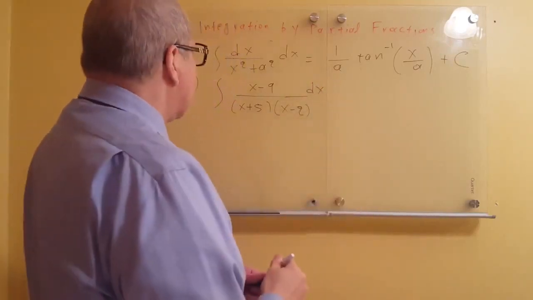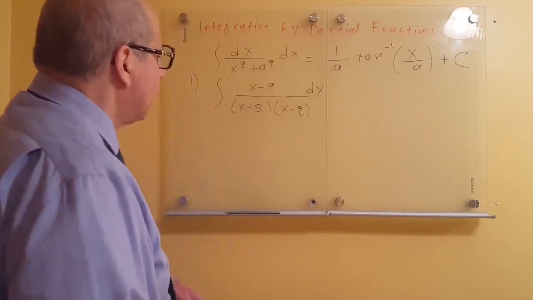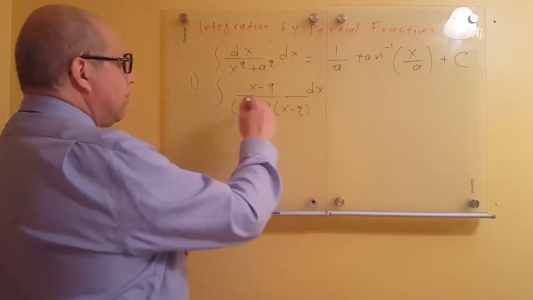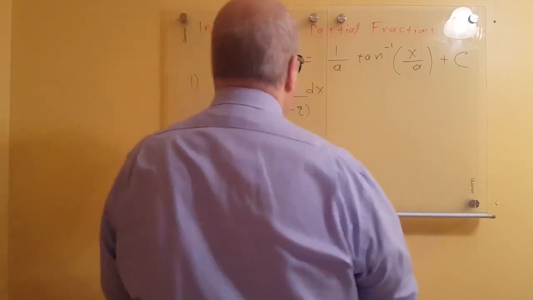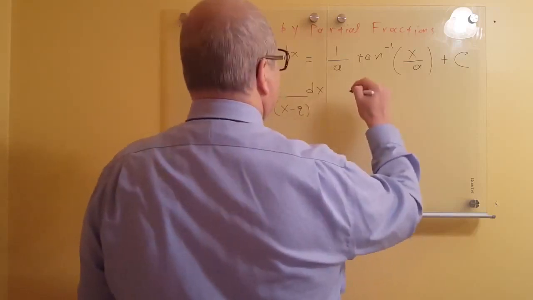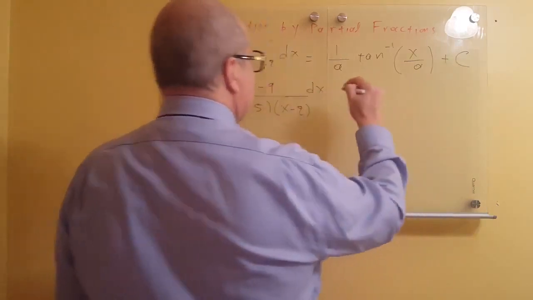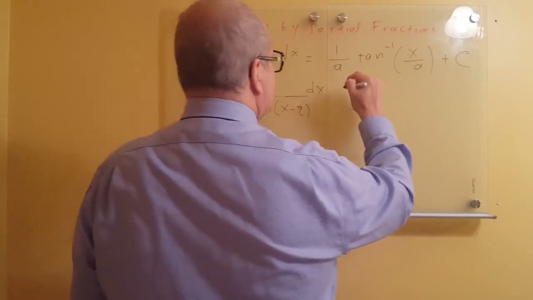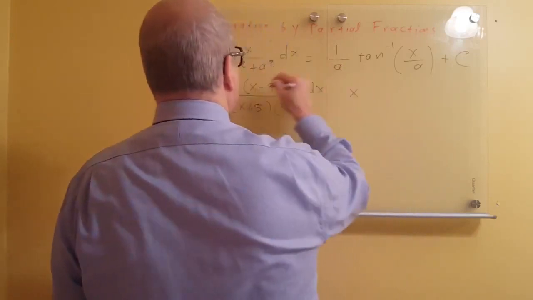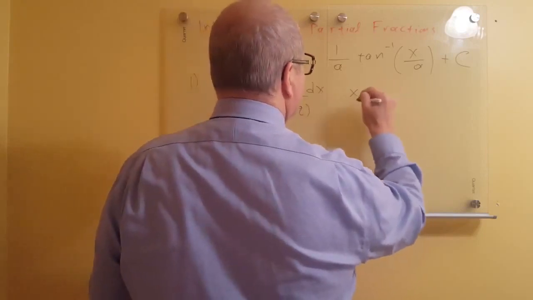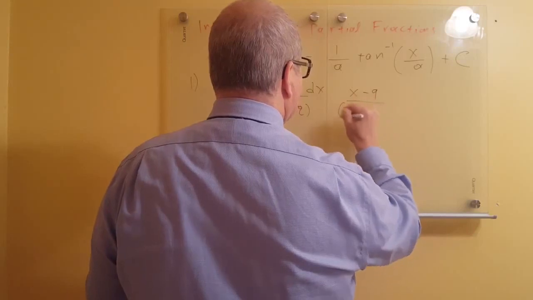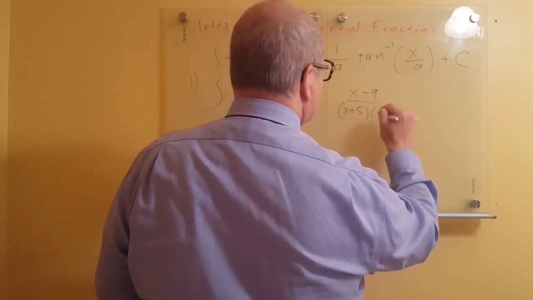We have two linear factors, so let's forget the integral for a minute and just work on x minus 9 over x plus 5 times x minus 2.